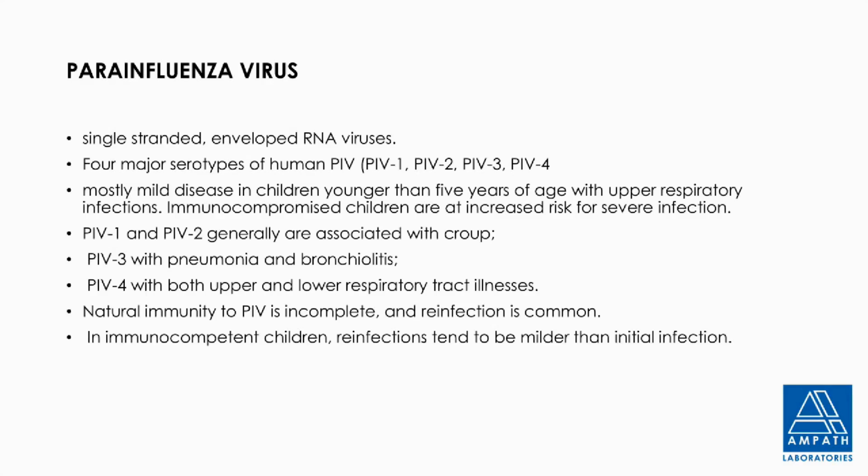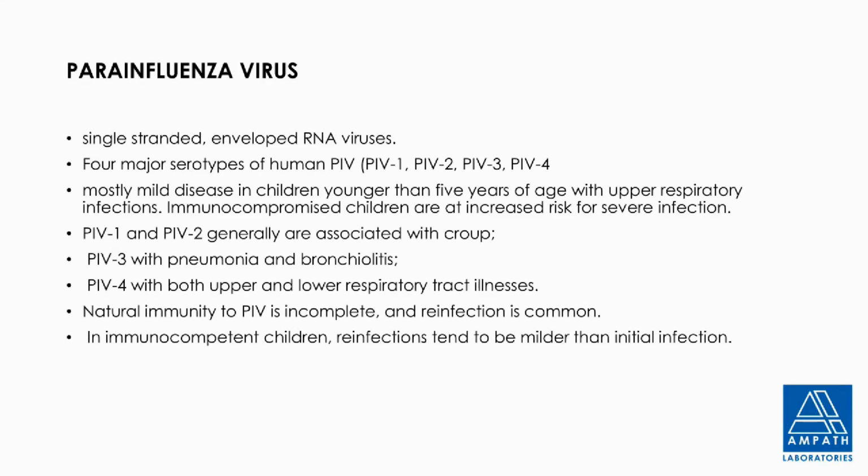And with parainfluenza, again, you have different serotypes. They tend to cause disease in children that are younger than 5 years of age. The immunocompromised children will always be at risk for severe infection from any type of virus. Importantly to note, when you get reports, you'll see either parainfluenza 1 comes up, or 4 or 2.